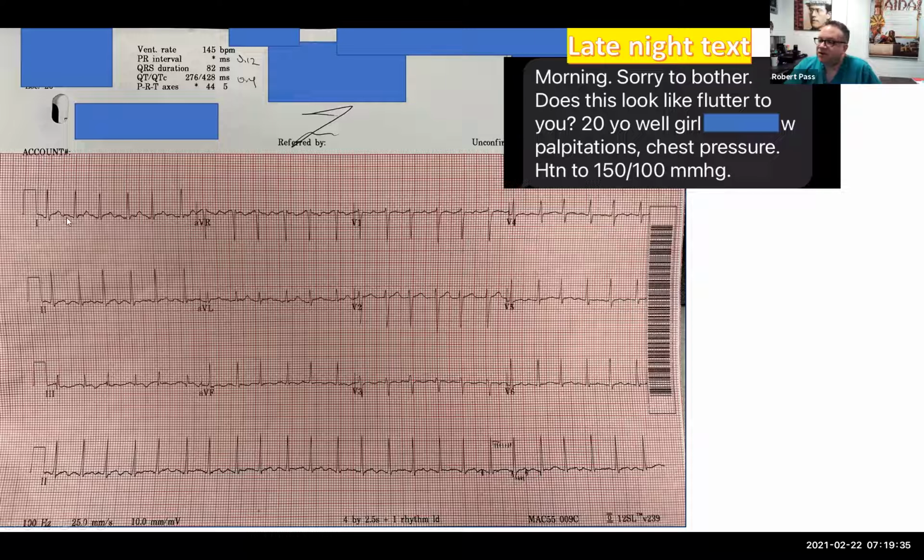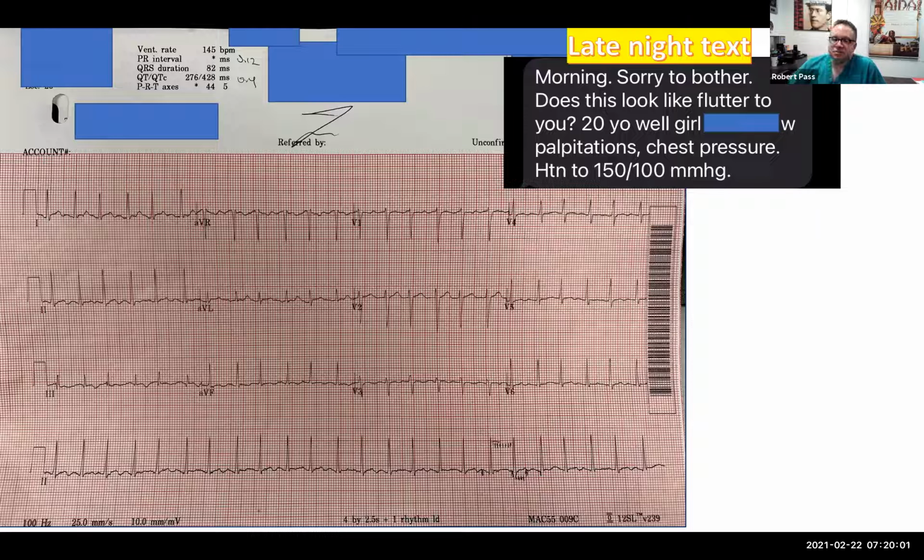I think, quite frankly, in lead one, you could say that there's a P wave, then there's another P wave. It's pretty obviously clear sinus P wave, but because the baseline is varying, the relationship of the P wave and the T wave is a little hard to see or is indistinct. But in a number of leads, you can convince yourself that there's a P wave preceding each QRS. So this is actually just a sinus rhythm.